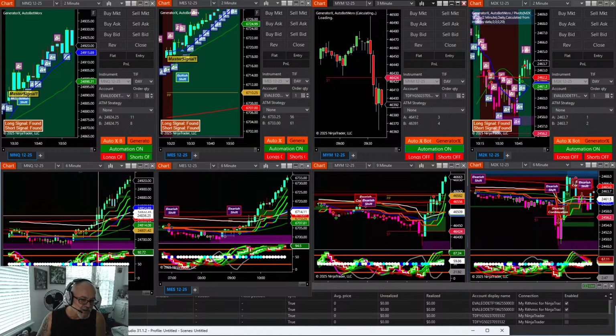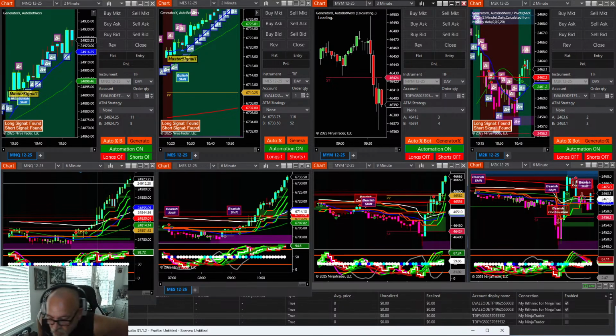We've had one run up, two runs up, three runs up on the higher time frame. So I think that puts us at four or five runs on the shorter time frame. So let's see if we can't get a pullback here and catch a trade.